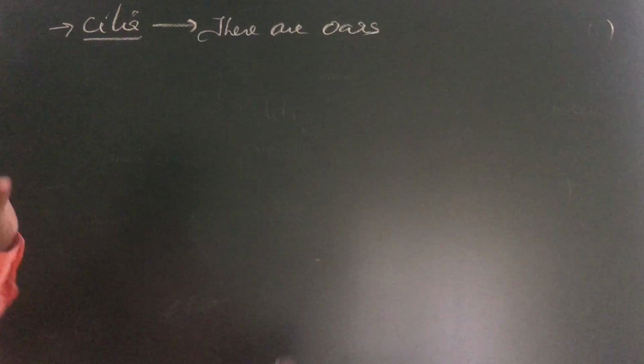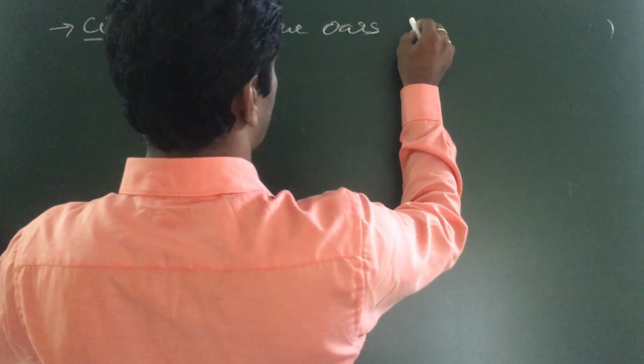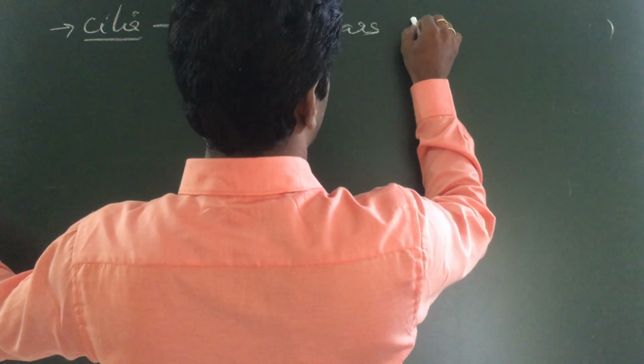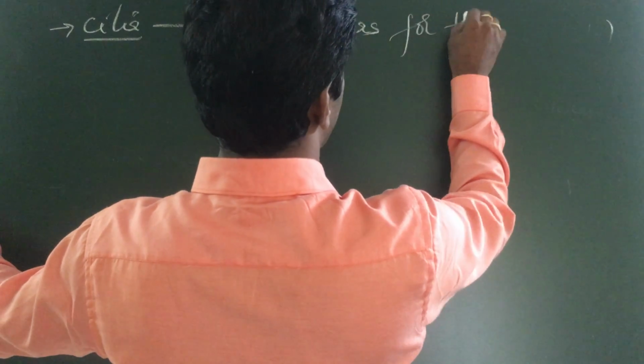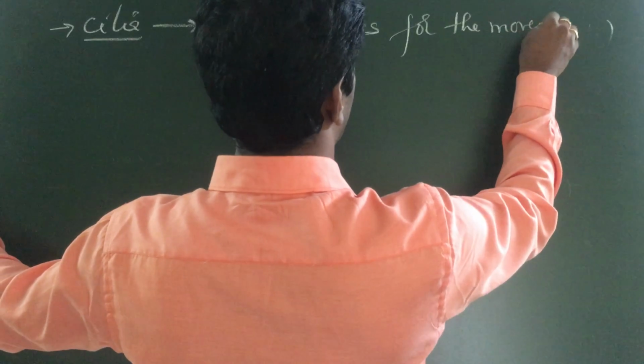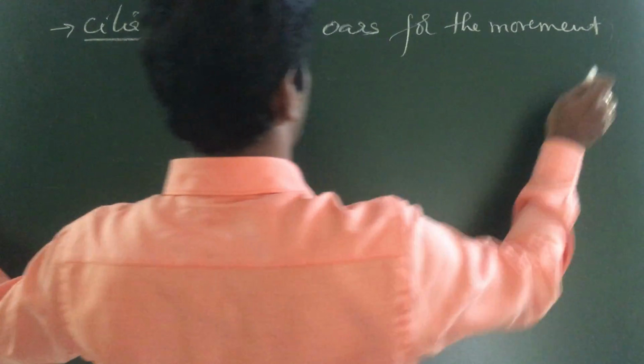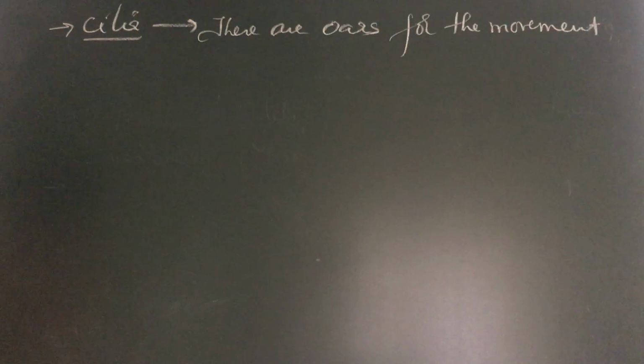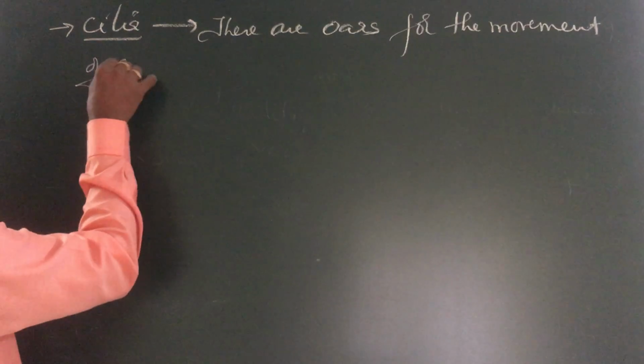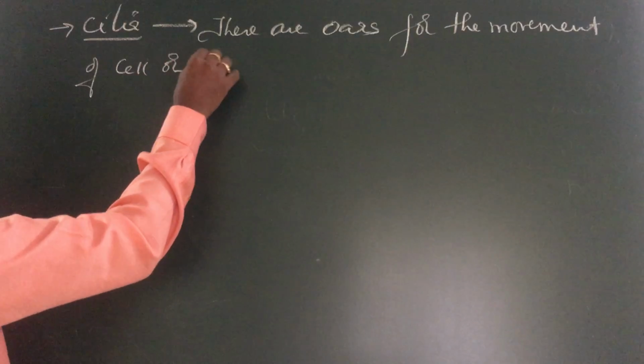Just like those oars, cilia are for the movement of the cell or surrounding fluid.